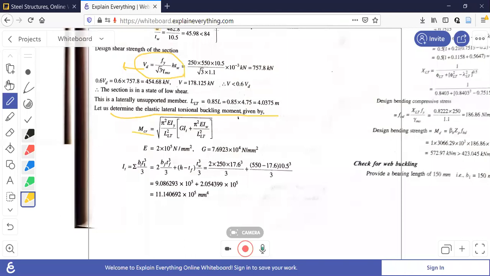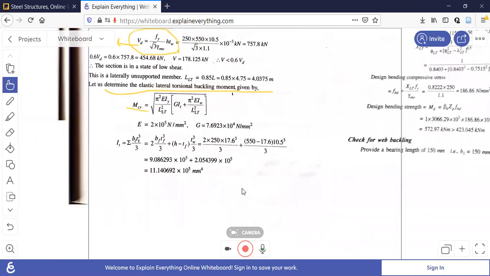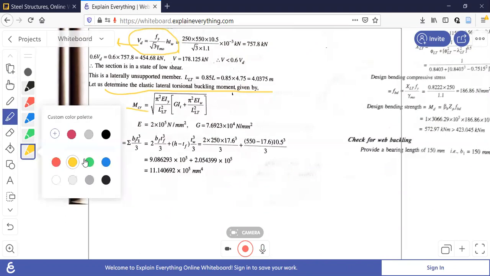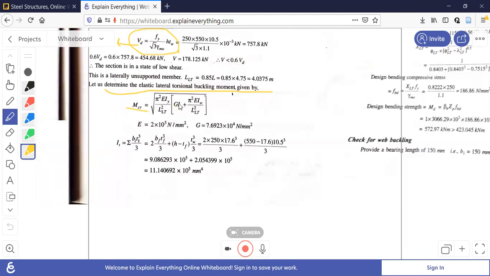So substitute for all the values here. You can see there are some constants here, EI and GI and all those things. Flexural rigidity and torsional rigidity, we call them. This one is elasticity into moment of inertia.